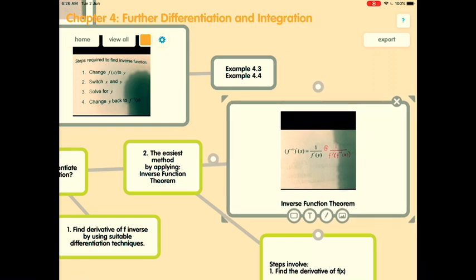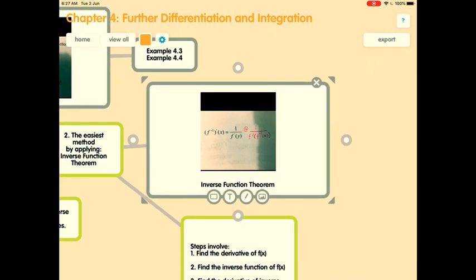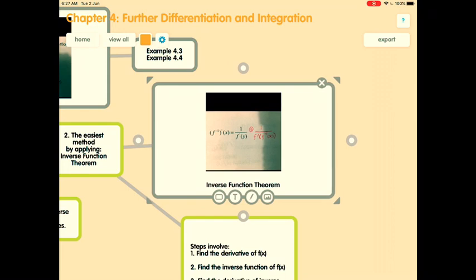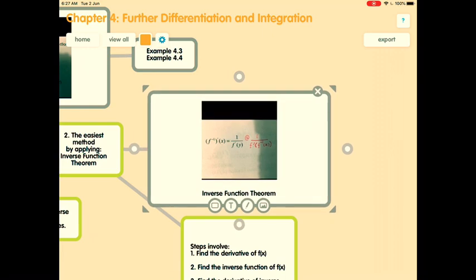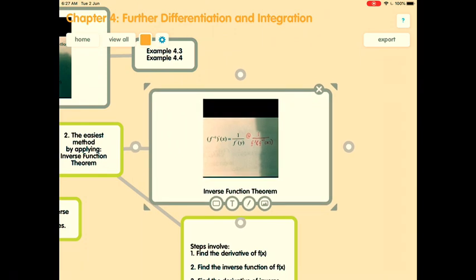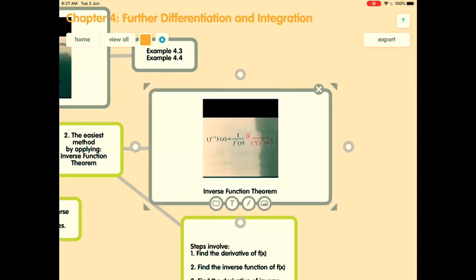The differentiation of f inverse is equal to 1 over f prime of y, or another way to write this formula is this one, the pink ink here, which is 1 over f prime in the bracket of the inverse function, or f inverse.